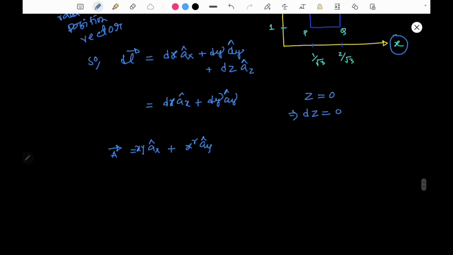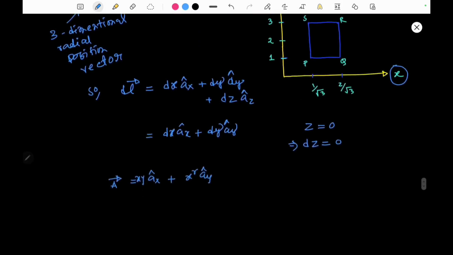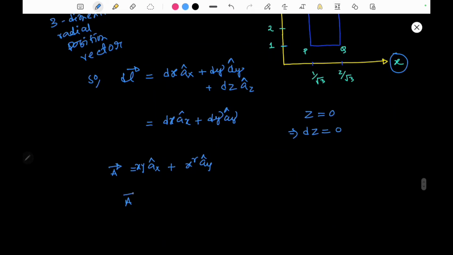So we need to find out this closed integration. So A vector dot dl vector equal to xy ax cap plus x square ay cap dot dl vector, that is dx ax cap plus dy ay cap.